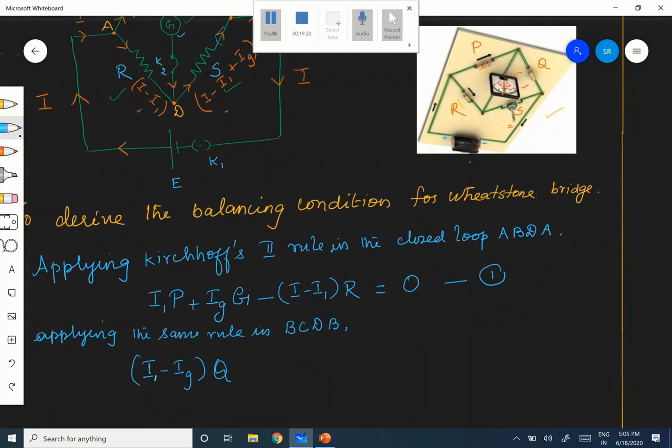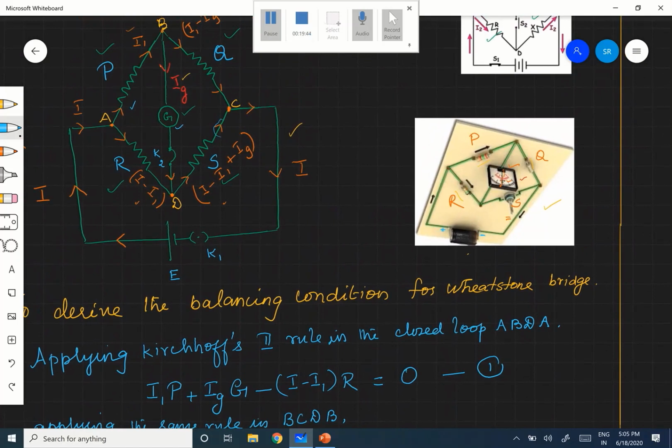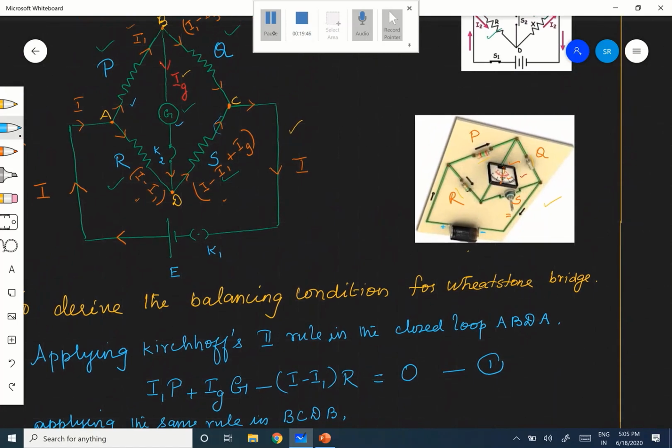Therefore, minus I minus I1 plus IG into S. Are you following? Okay, I minus IG into Q, minus I minus I1 plus IG into S. One more is there: it is BD. Because we are going to apply B, C, D, B, BC we have applied: that is I minus IG into Q.